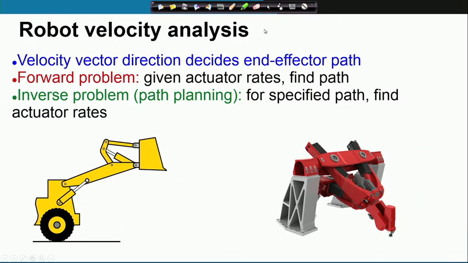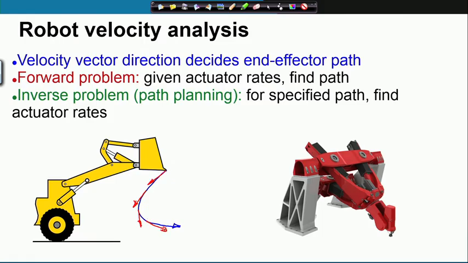In the case of robot velocity analysis, the problem is a little more complicated. The reason is, now we are moving a body in space, we may have a certain path in which this body needs to be moved, and therefore, I would like to find out how I should move so that this path can be traversed.